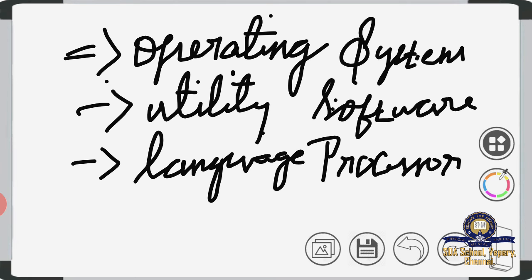First, a compiler is a translator that converts a user program written in a high level language, that is C, C++, Java, into machine language. An interpreter performs the same task as a compiler.